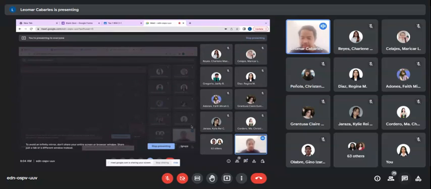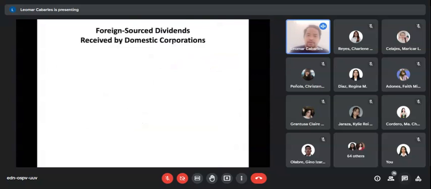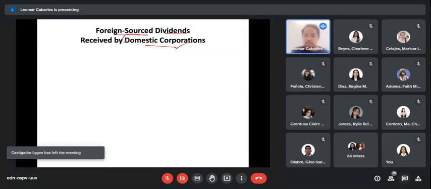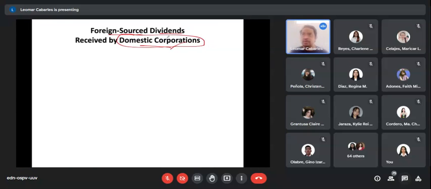Okay, but pwede siya maging exempt. So, kailan siya exempt? These are the conditions, no? If dividends are foreign source, then it's received by domestic corporation. Take note, ang highlight natin dito, domestic corp, no? Kasi ang foreign corporation naman, pag foreign source ang income, hindi yun taxable.